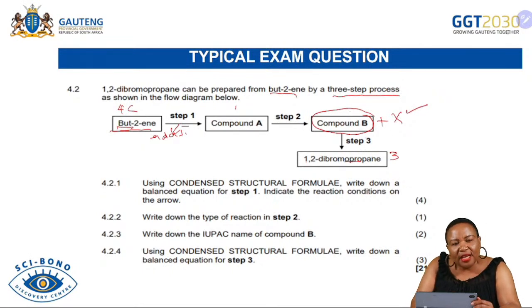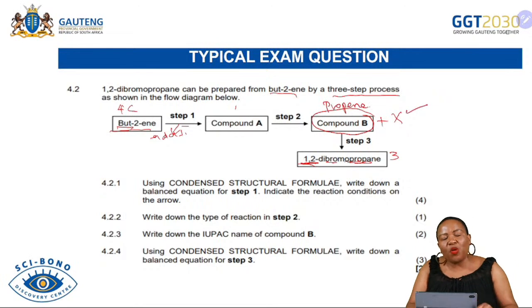How are we going to identify step 3? It is 1,2-dibromo. I said to you, when there are 2 halogens, it means there is halogenation. This halogenation is coming from this, and there were 3 carbons. It means this was a halogenation of propene. So compound B is propene.